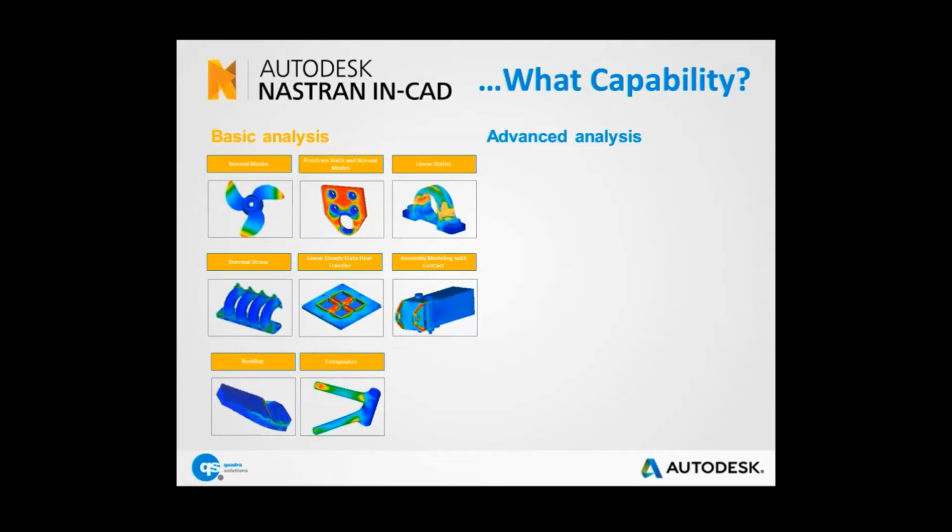You've got linear steady state heat transfer, which uses the principles of conduction and convection, and you can examine designs for temperature distribution across the part, models, blocks. Assembly modelling with contact. So Inventor Pro users will recognise this one. This is real-world simulation of assemblies using different contact iterations, including sliding, friction and welded contact types.